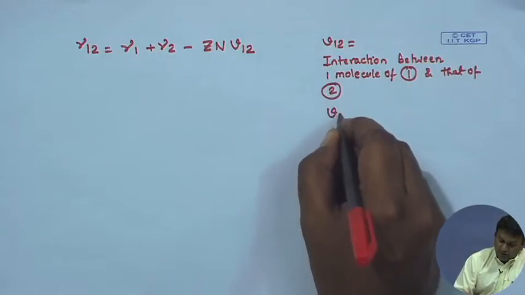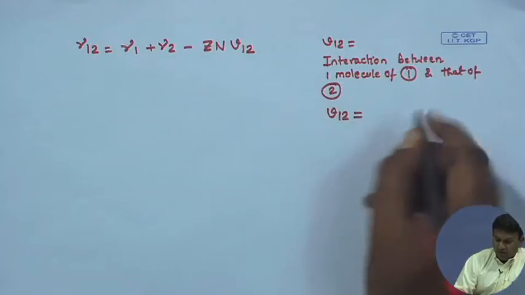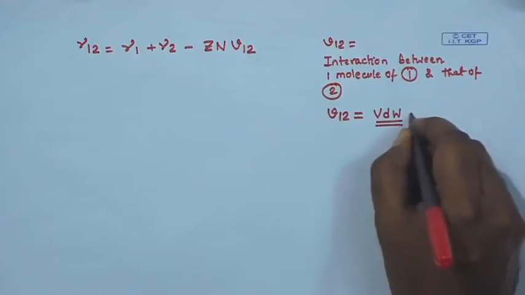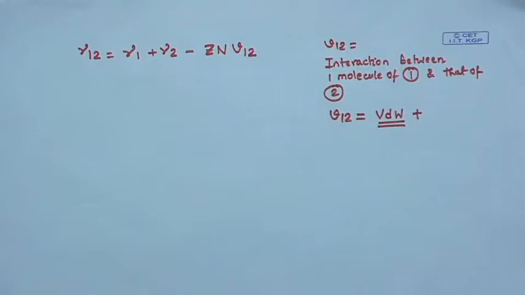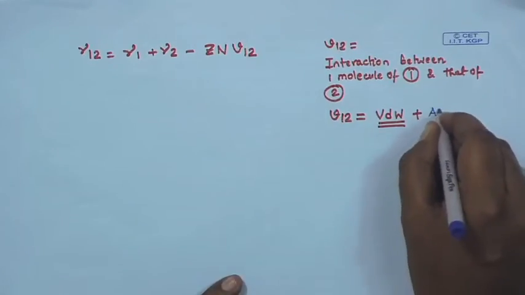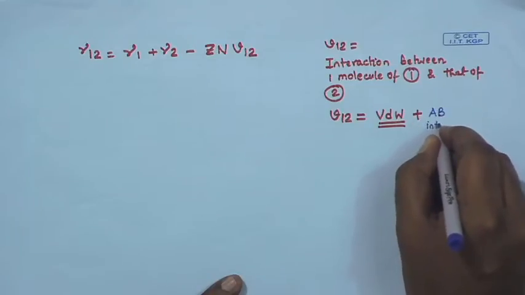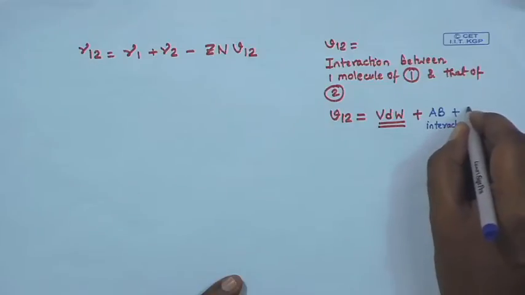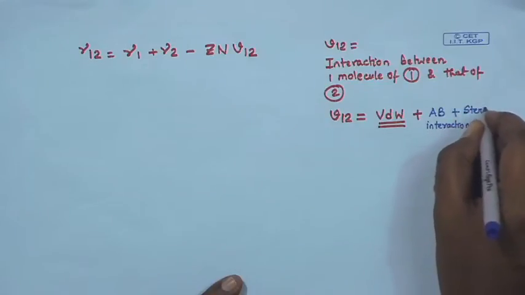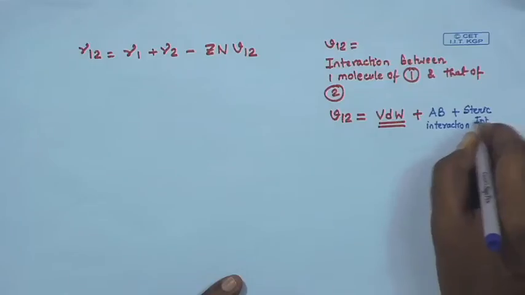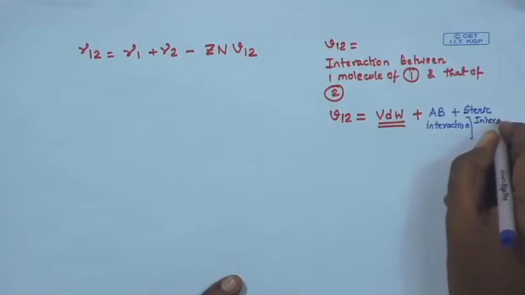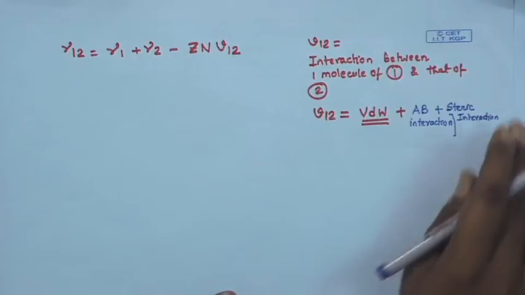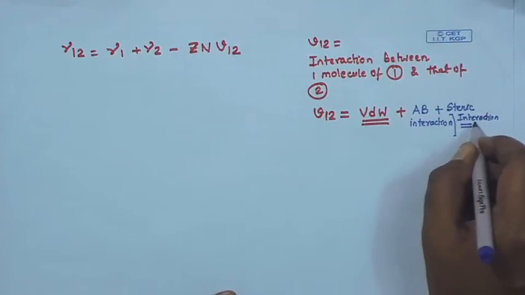As we have already argued, this V12 includes the van der Waals interaction of course, and might include other parameters like the polar interaction as well as maybe the steric interaction, which we now understand, but we will not consider this in greater detail.